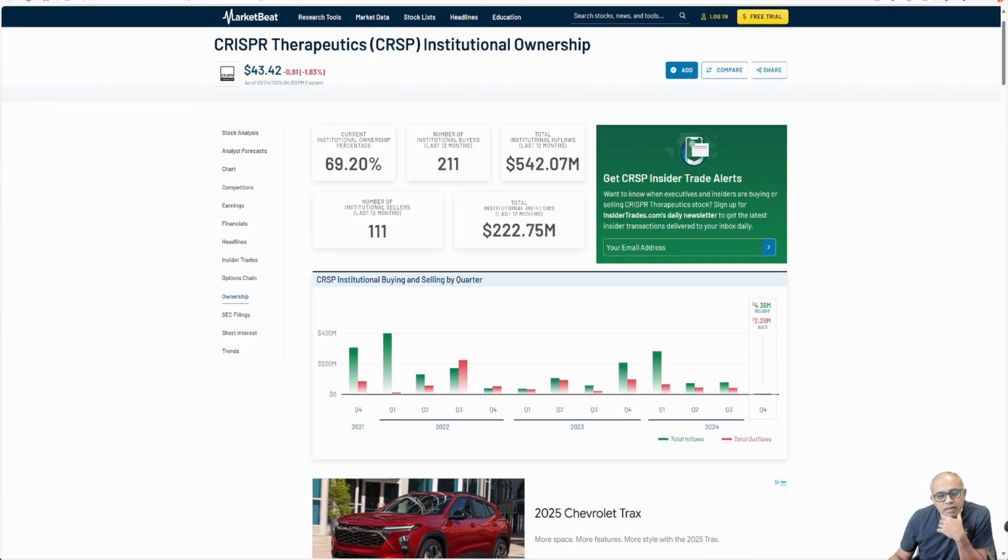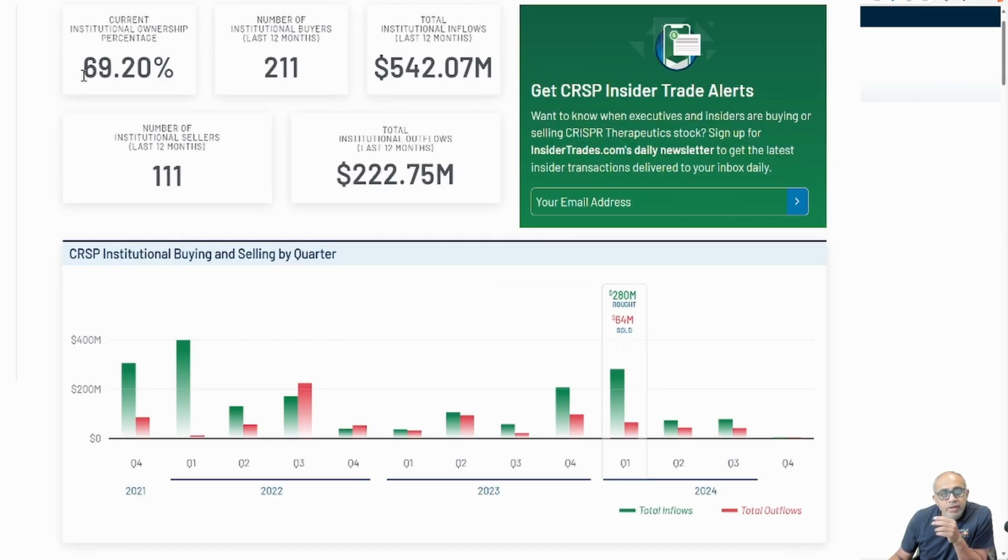Next, let us look at how the ownership pattern has changed. Current institutional ownership is 69.2%. So as long as so many institutional holders are holding this share, I think there is no reason to fear about this. So it's looking pretty good out there.